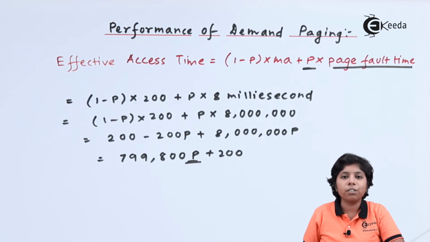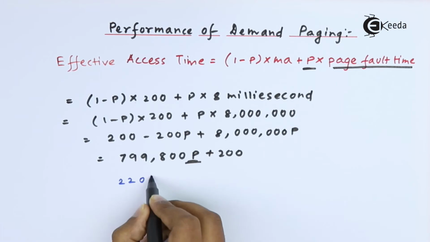Now, to keep the slowdown due to demand paging to 10%, we need to see how much the page fault rate must be lower.